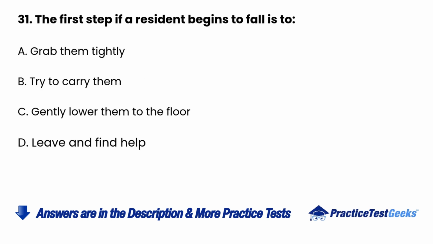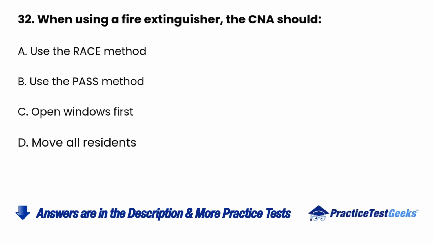31. The first step if a resident begins to fall is to A. Grab them tightly. B. Try to carry them. C. Gently lower them to the floor. D. Leave and find help. 32. When using a fire extinguisher, the CNA should A. Use the RACE method.